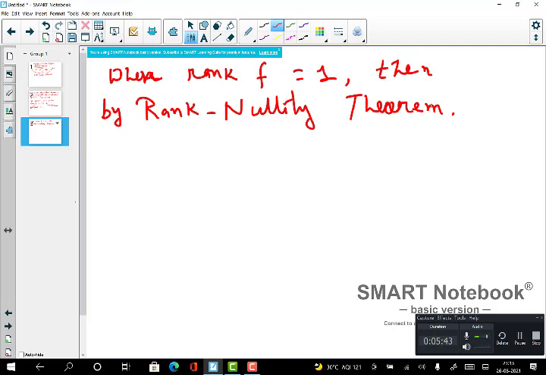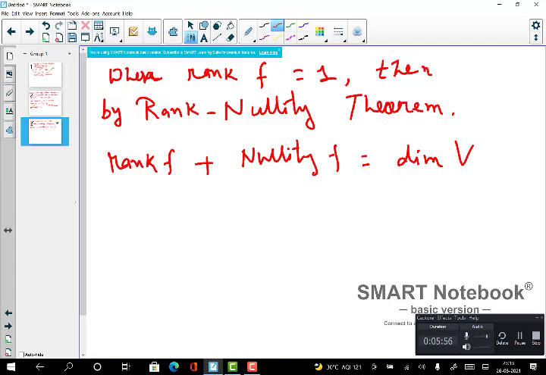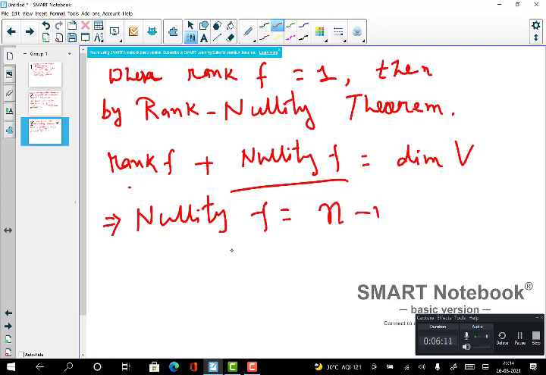This rank is 1, right? So rank of f plus nullity of f equals the dimension of V, which is finite dimension, I already assumed. So this is 1. This implies that nullity of f equals the dimension of V minus 1. So let me assume that the dimension of V equals n. This is n minus 1, right?